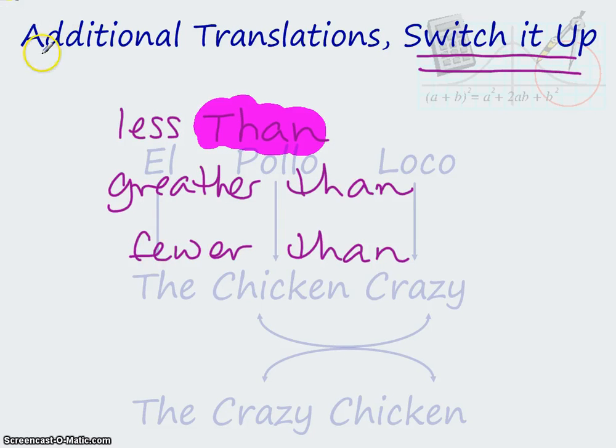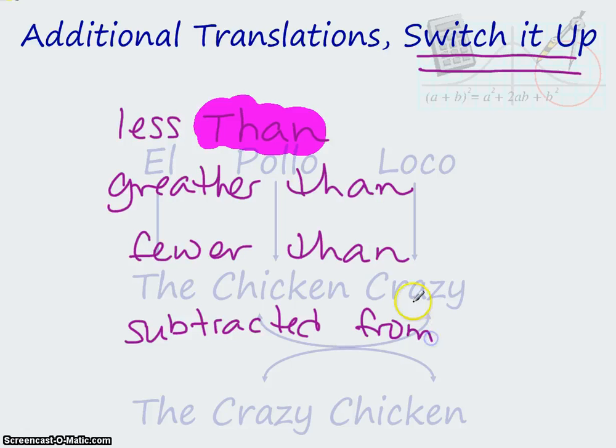And the other phrase that you want to watch out for is subtracted from. And again, as we go through examples, you'll start to see how this works.